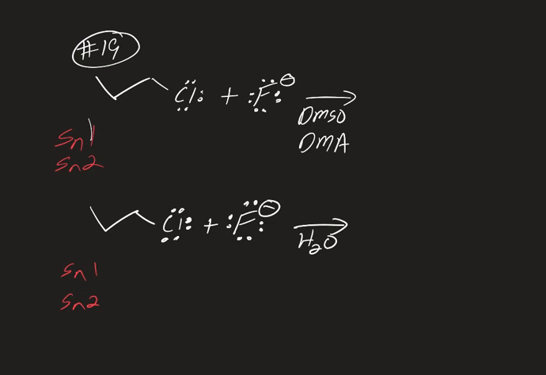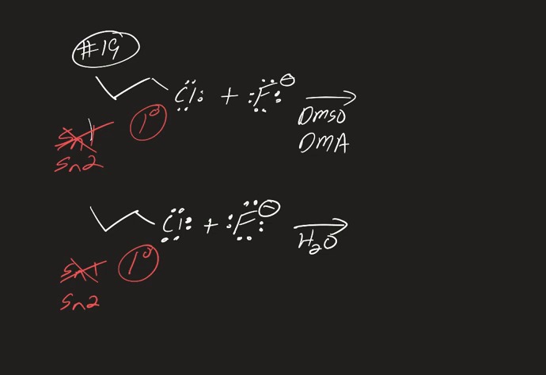So in both these cases, what is the alkyl halide, or the electrophile? It's primary, all right? I agree. They're both primary, right? So what reaction must it be? SN2, because we can't have primary carbocations, and we'll talk more about that.